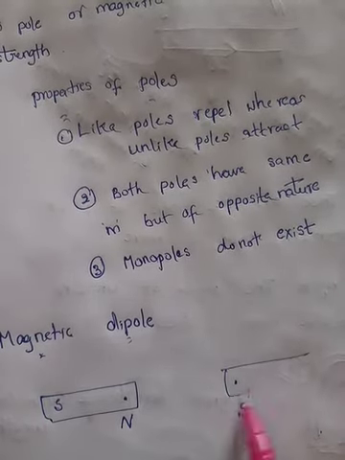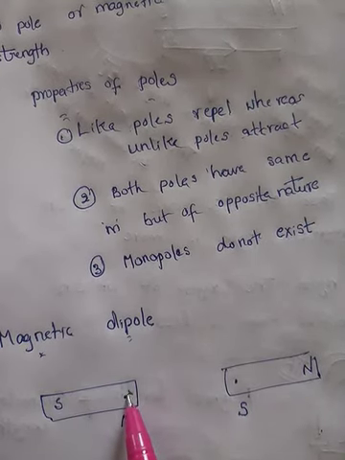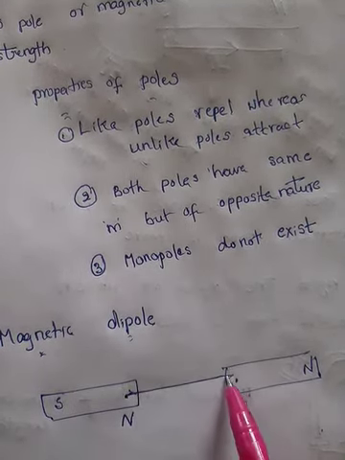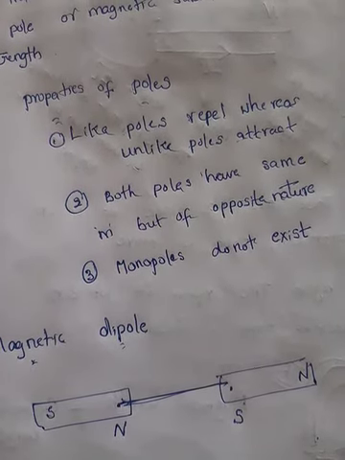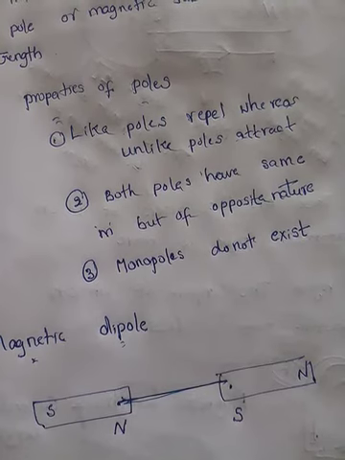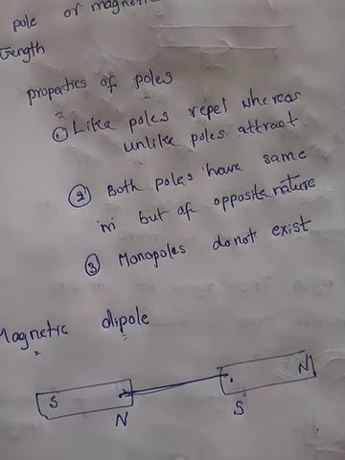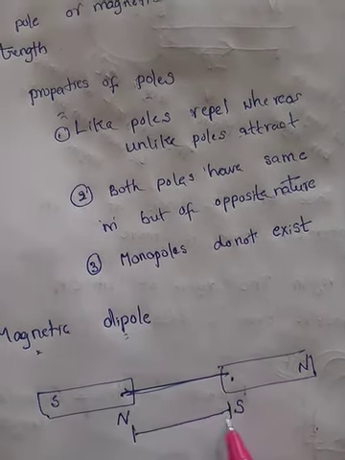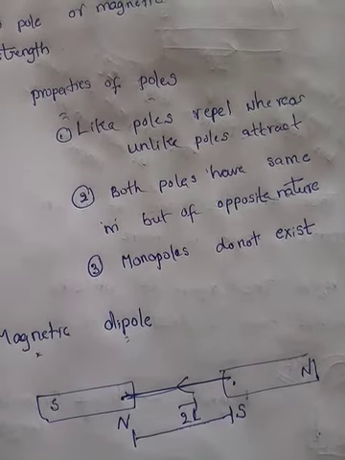Because monopoles cannot exist, two poles of same pole strength and of opposite nature separated by a small distance constitute a magnetic dipole, and the distance between them is what? Magnetic length, whose direction is from where to where? South pole to north pole.